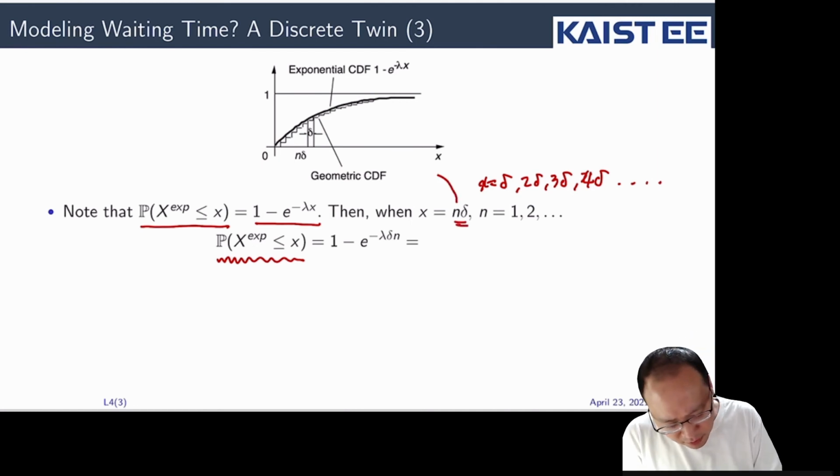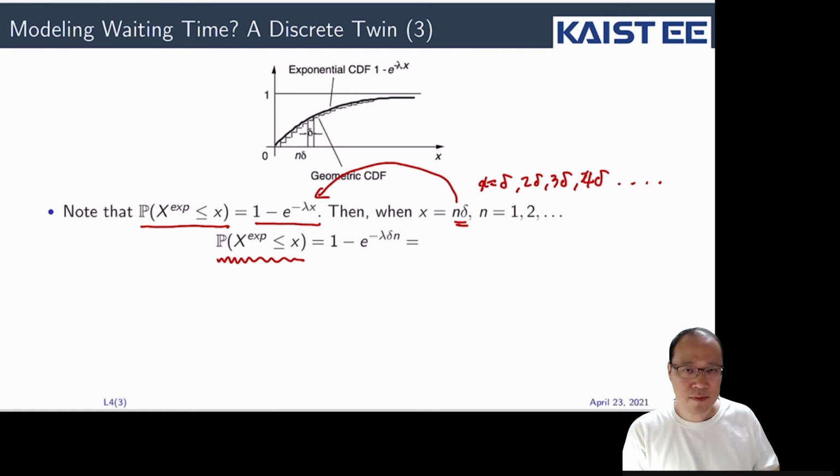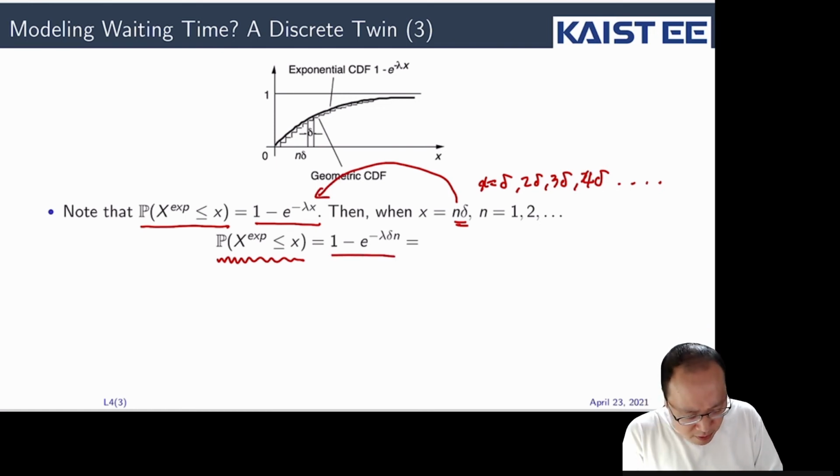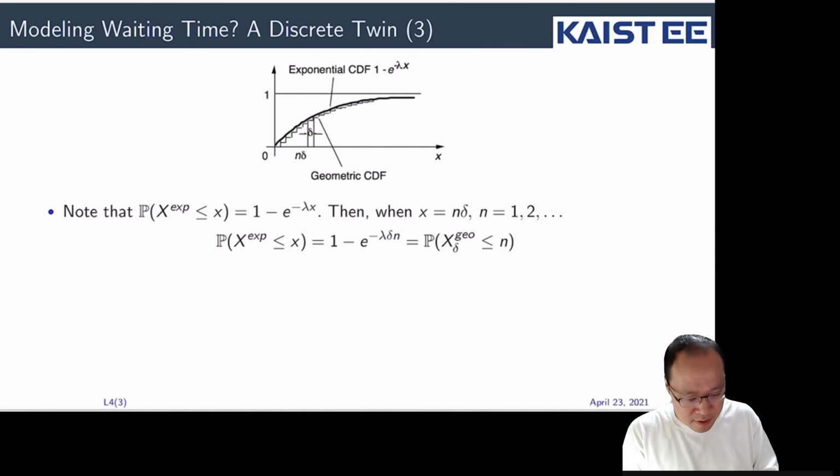Obviously if I plug n delta in for x, that is equal to 1 minus e to the minus lambda delta n. This probability, from the previous slides, is equal to the probability that the geometric X delta is less than or equal to n. And again, this relationship comes from my construction of the p delta.